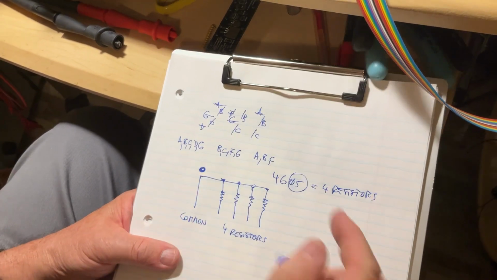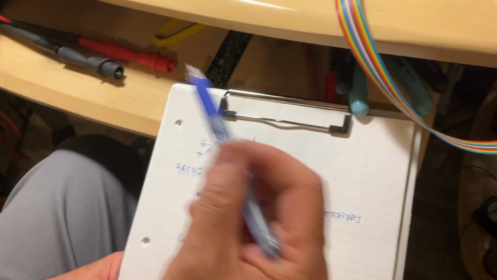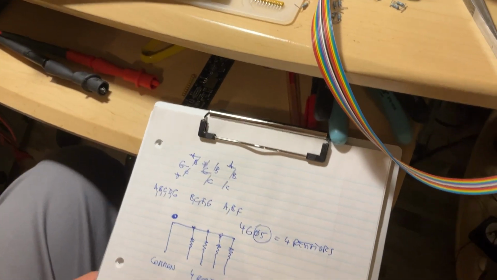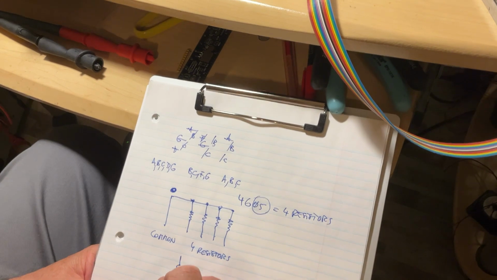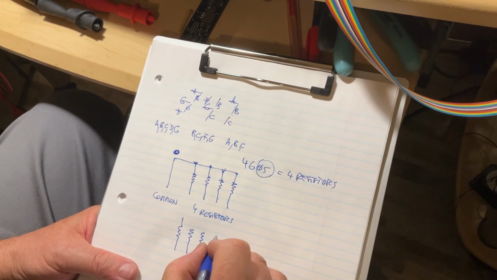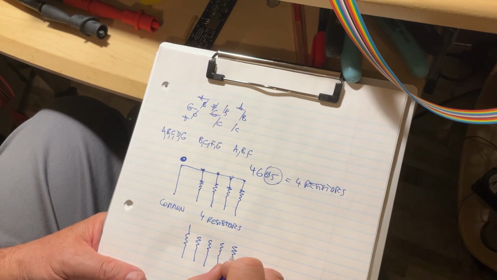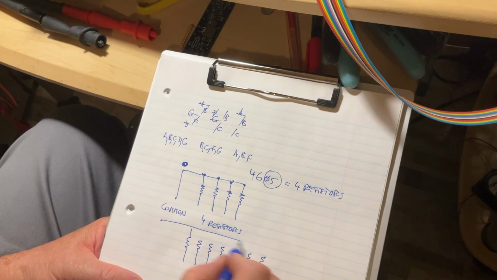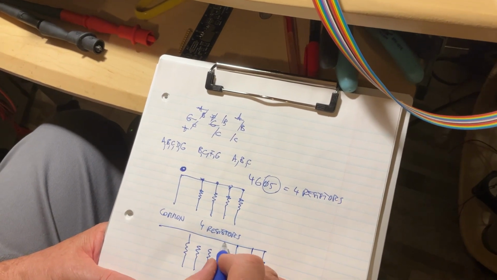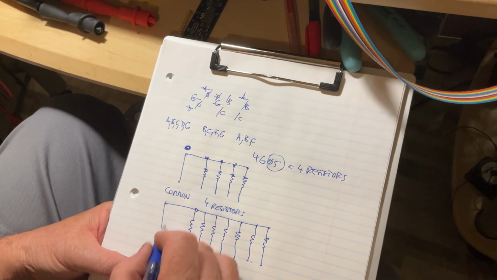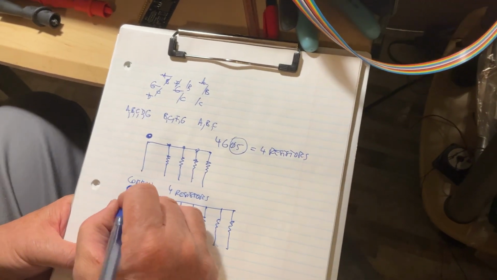What do you need actually? In case you may want to display the number 8, which uses all the 7 segments, you may need this one. 1, 2, 3, 4, 5, 6, and 7. So 7 resistors, plus the common.